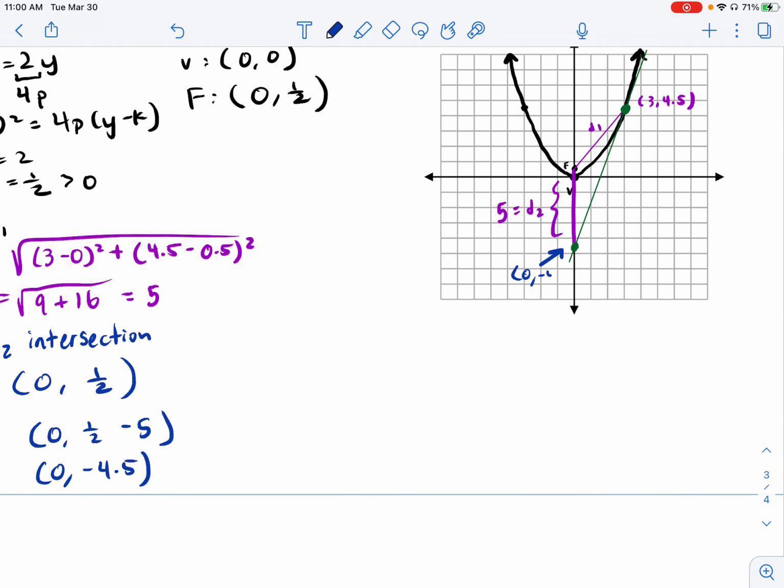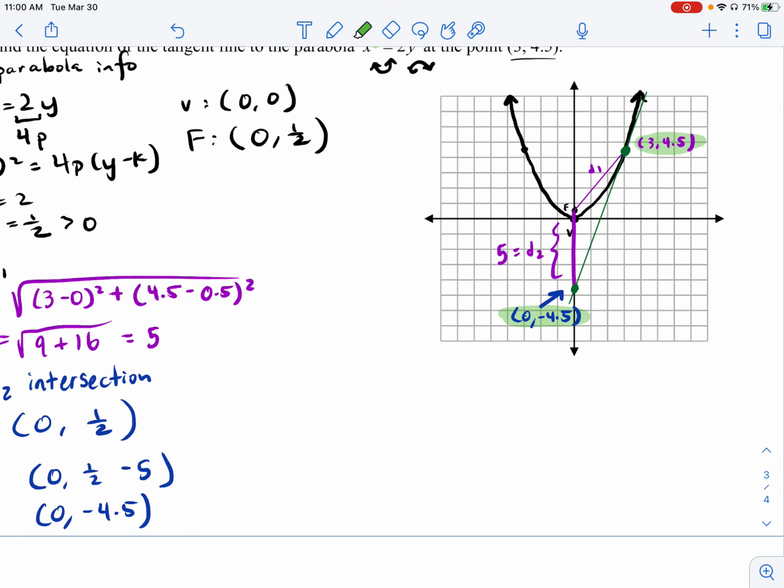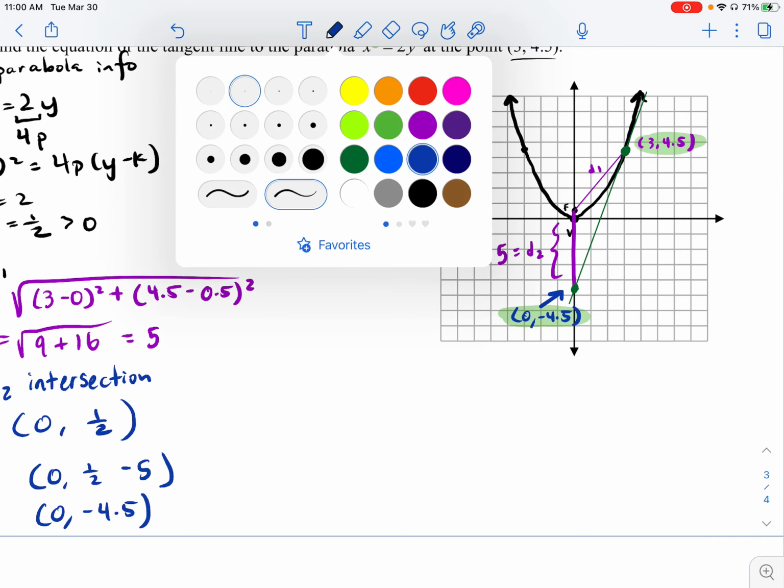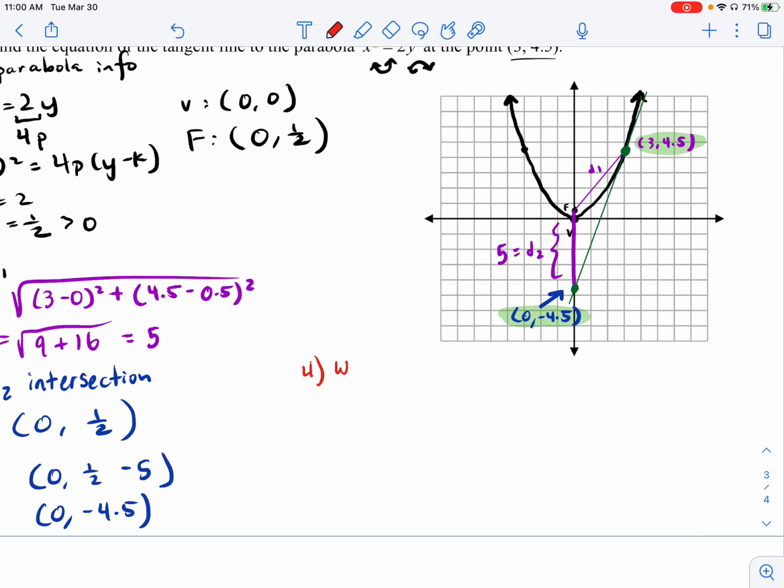That's (0, -4.5). So I've got 2 points now on my tangent line. I've got the original point of tangency as it was given, and I've got the point where the tangent line intersects the axis of symmetry, which was D1 or D2 units away down from the focus in this particular case. So my last step now is just to write the tangent line.